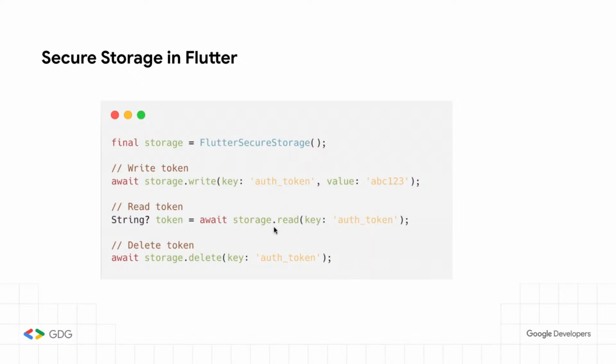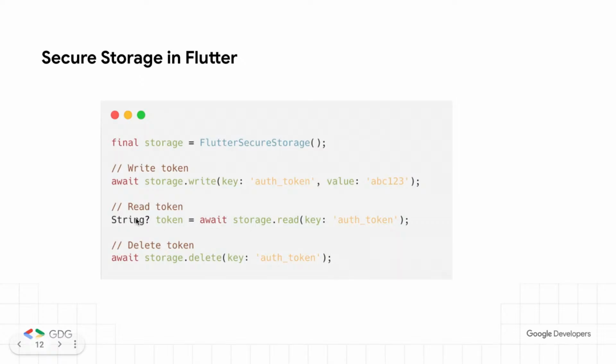It is going to go into the secure storage, find the auth token, decrypt it, and give me the value in token, which is a string. And because there is an operation happening here, the decryption and finding the key, we are going to use the await to wait for the decryption to finish before we move on to the next line. That is the reason we have the await there.